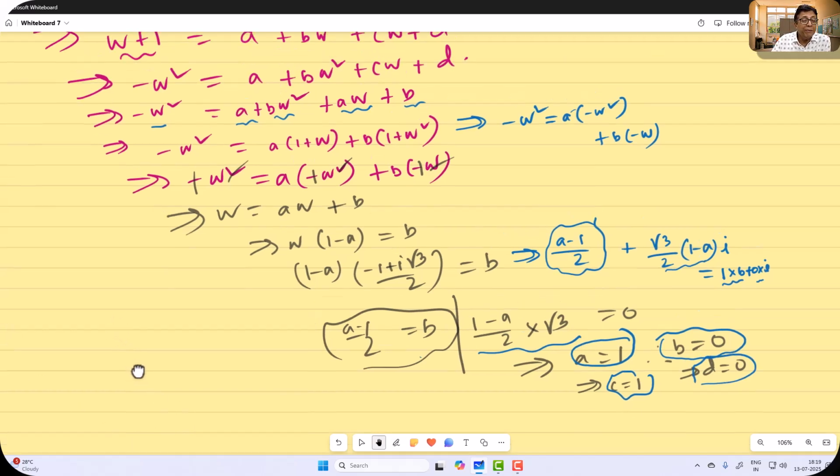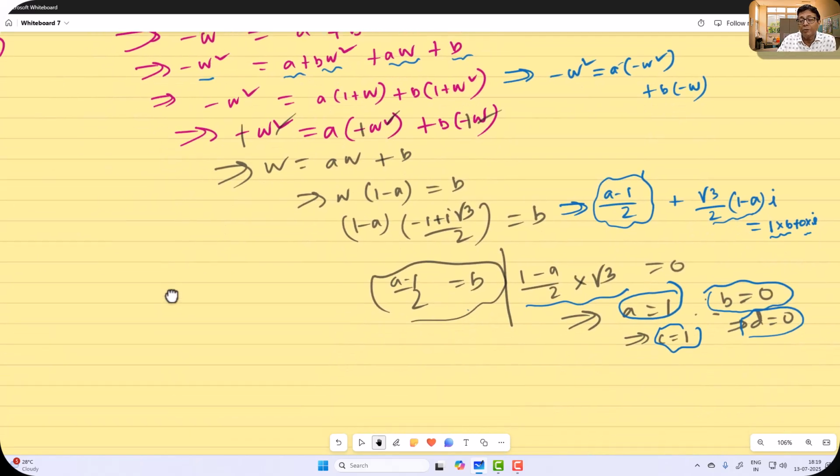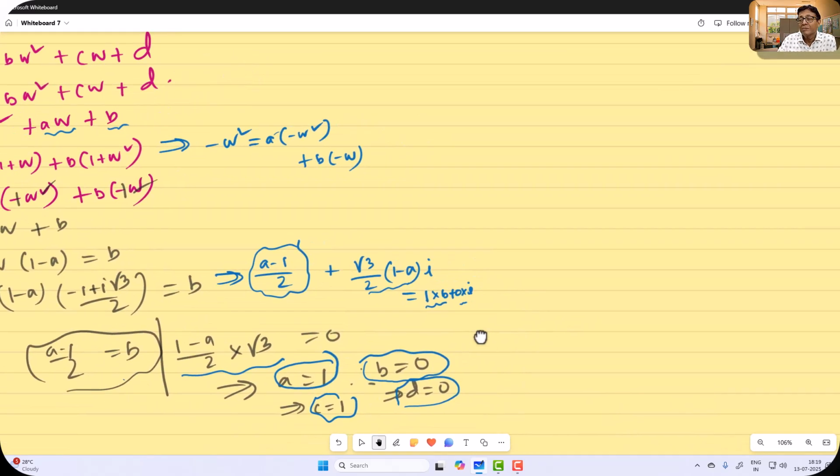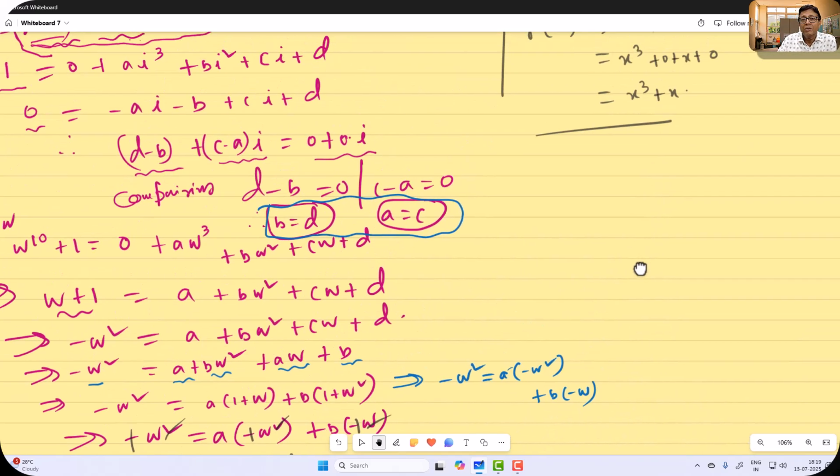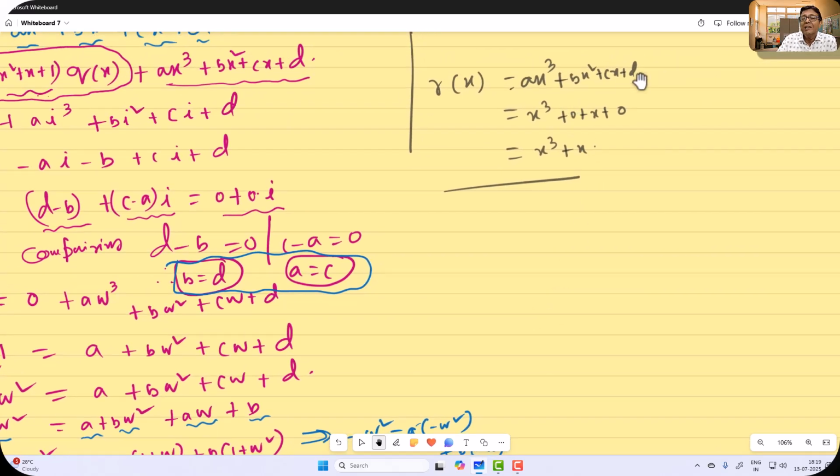So that remainder is a 3rd degree polynomial which is ax cube bx square cx plus d. A value is 1 you put, b 0, c 1, d 0, so it is x cube plus x. Alright.